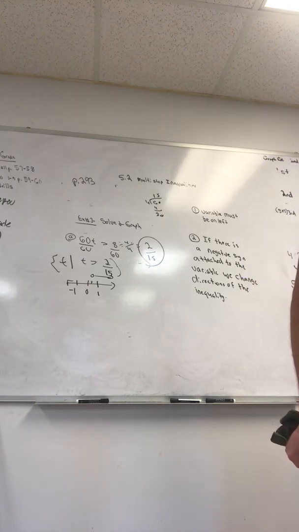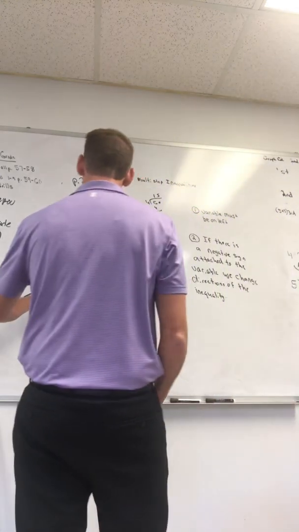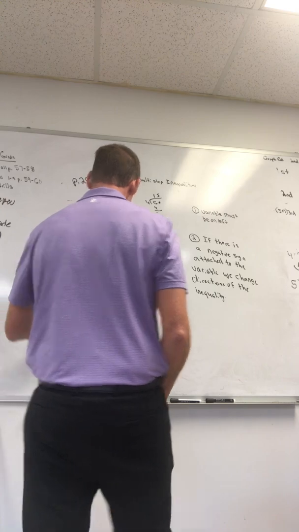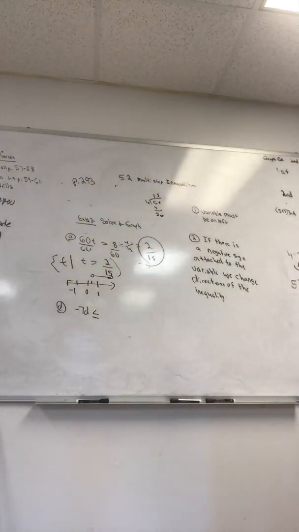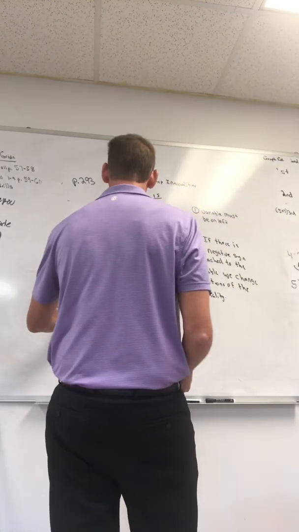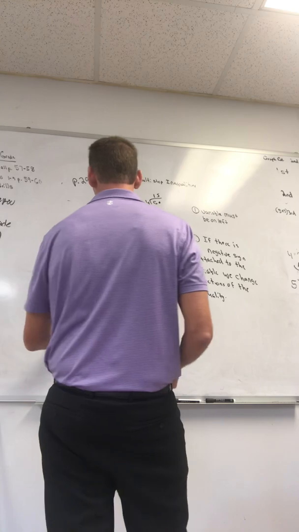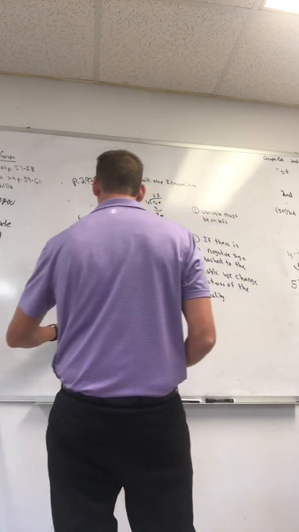Negative 7d is less than or equal to 147. Divide both sides by negative 7. Change directions because there's a negative attached to the letter.